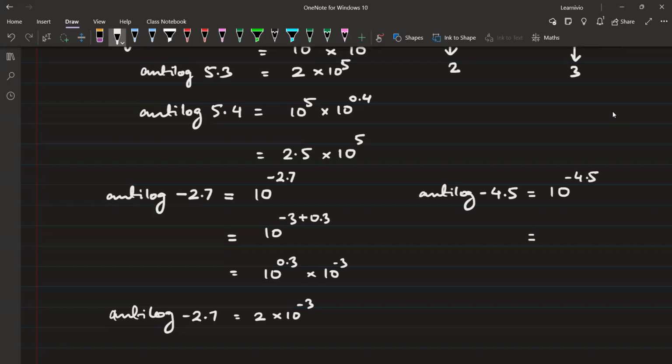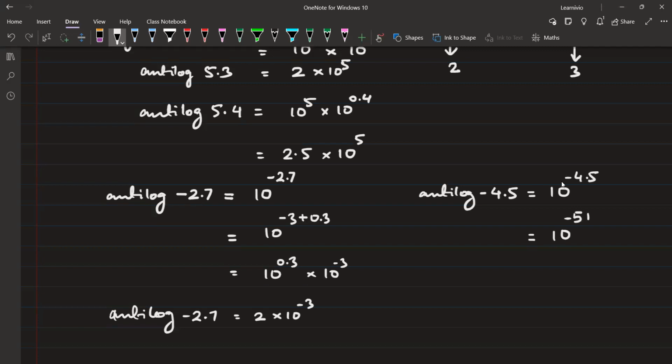How will you express this? What is the next number after 4.5? Five, so -5.